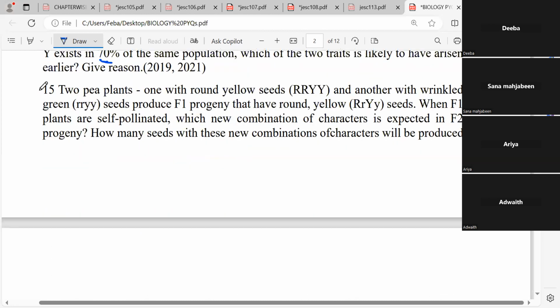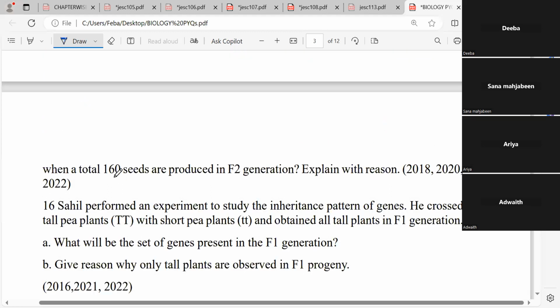Okay? Yes. 15. Two pea plants, one with round yellow and the other with wrinkled green seeds, produce an F1 generation having round and yellow seeds. When the F1 plants are self-pollinated, new combinations of characters are expressed. How many seeds with these new combinations of characters will be produced when a total of 160 seeds are produced in the F2 generation? You know the ratio, 9:3:3:1, which is a total of 16, right? 16 multiplied by 10 becomes 160, right?